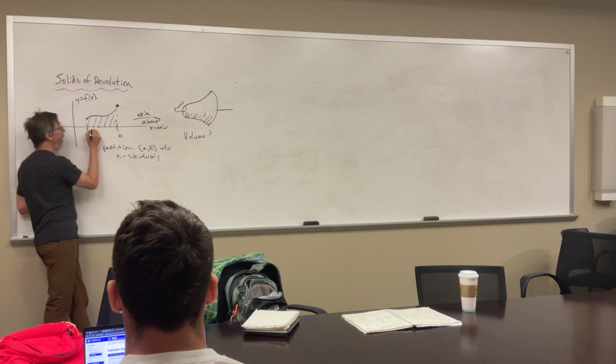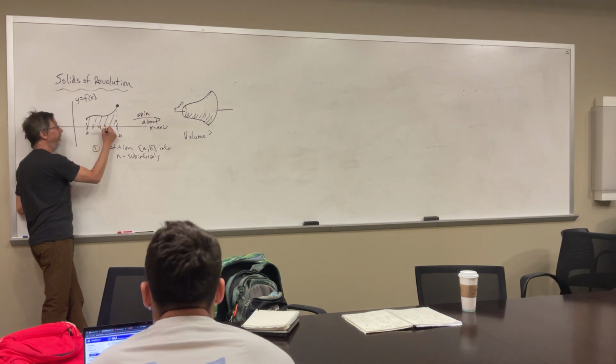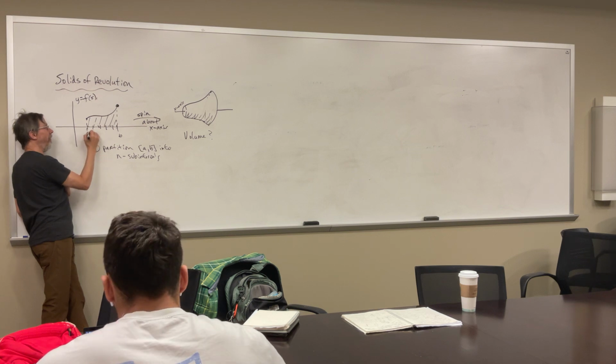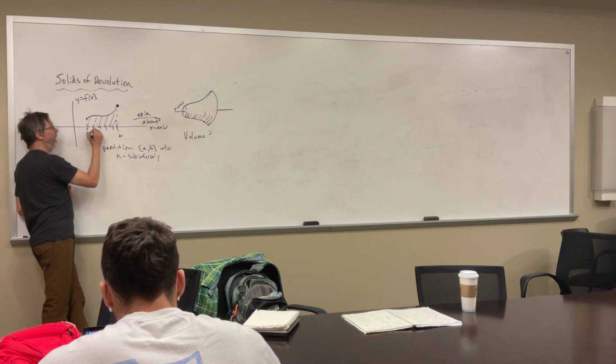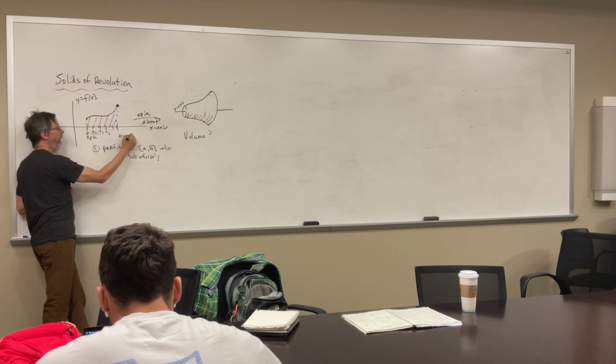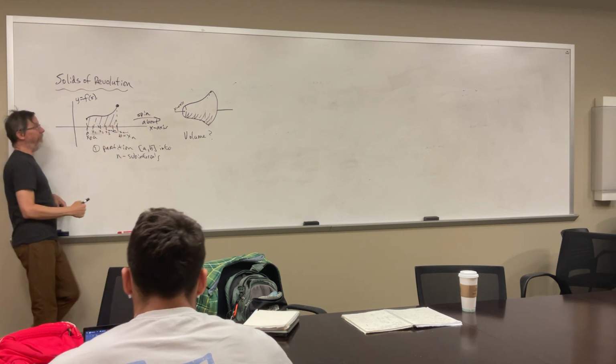So I'm going to cut this thing up into little pieces, dot, dot, dot. We're going to call x0 is a, this is x1, x2, x3, dot, dot, dot. This is going to be x sub n, and then this is x sub n minus 1. And then there's a lot of stuff that can happen between those two.